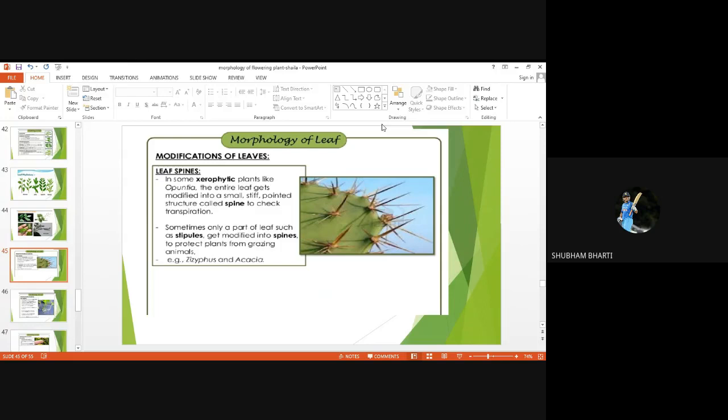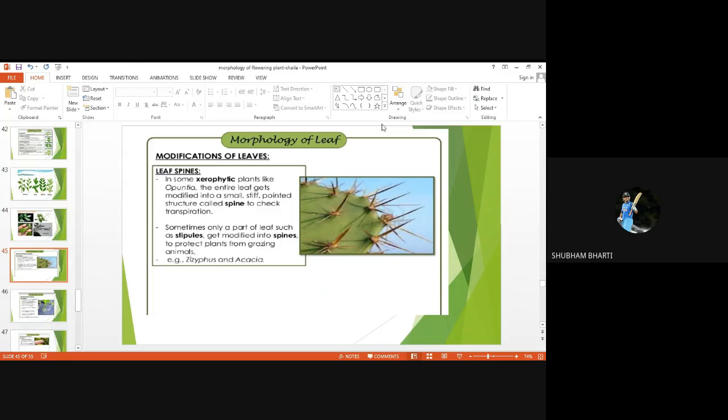हे कुठे आढळून येतं? जिथे xerophytic means less water and dry atmosphere, ज्याला आपण काय म्हणणार आहे, वाळवंट. And the entire leaf gets modified into a small stiff pointed structure. म्हणजे पूर्ण जे लीफ आहे हे काय बनणार आहे, त्याचं मॉडिफिकेशन स्पाइन्स म्हणजे काट्यामध्ये त्याचं रूपांतर होणार आहे.